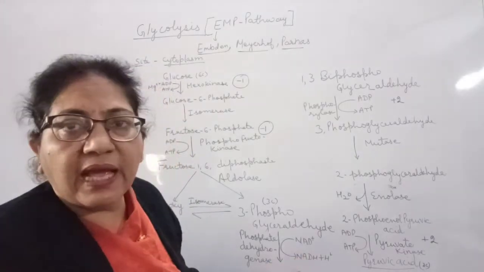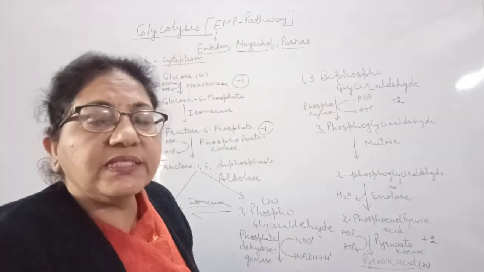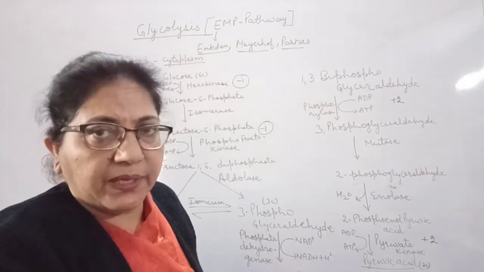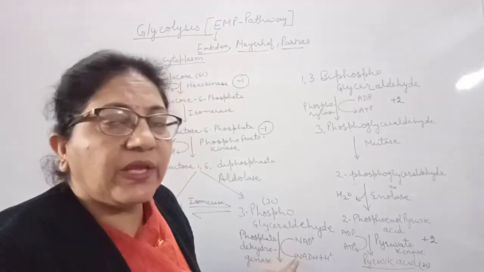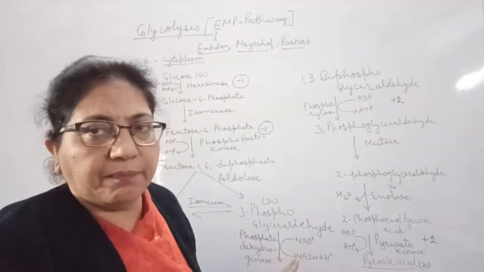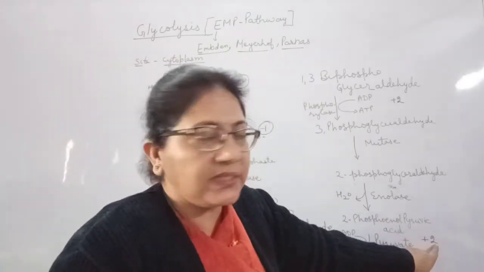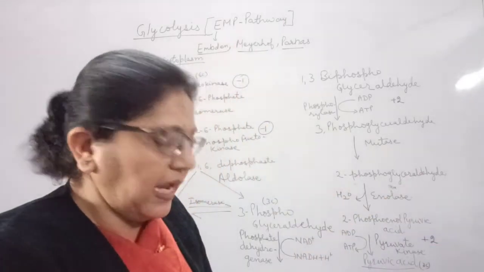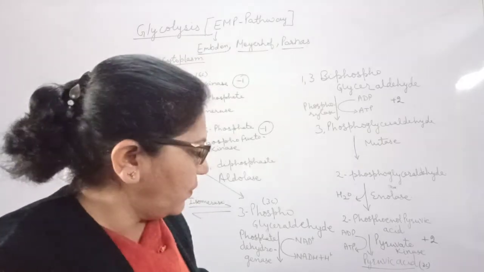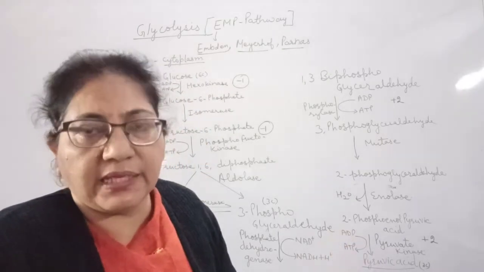But here we have NADH, which is equivalent to 6 ATP. So with the help of this we can gain 8 ATPs. Directly we can gain only 2 ATPs, but with the help of the dehydrogenase coenzyme we can gain 8 ATPs.